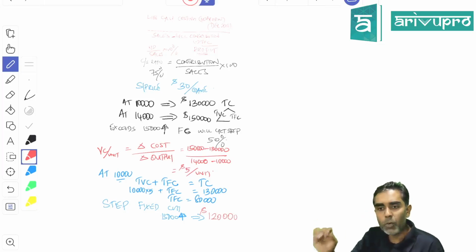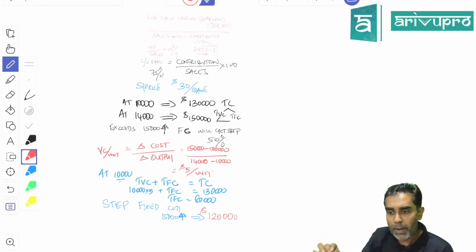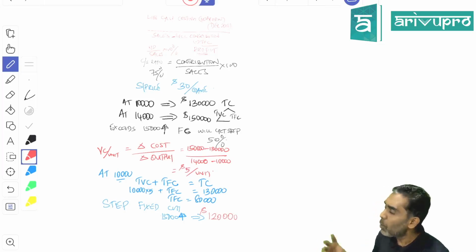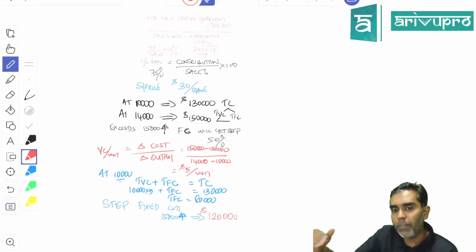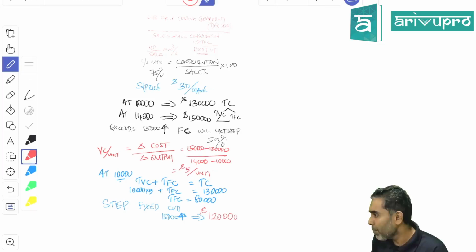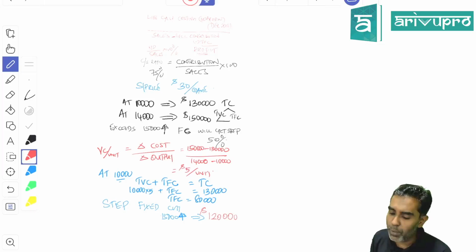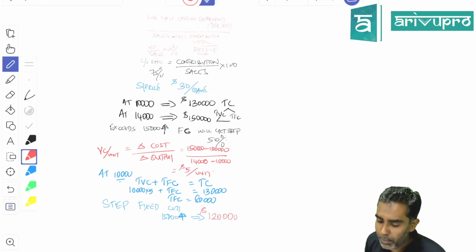One is net profit ratio, which is net profit over sales. Another is the CS ratio, contribution divided by sales. That should be 75%, and the net profit ratio should be 35%.